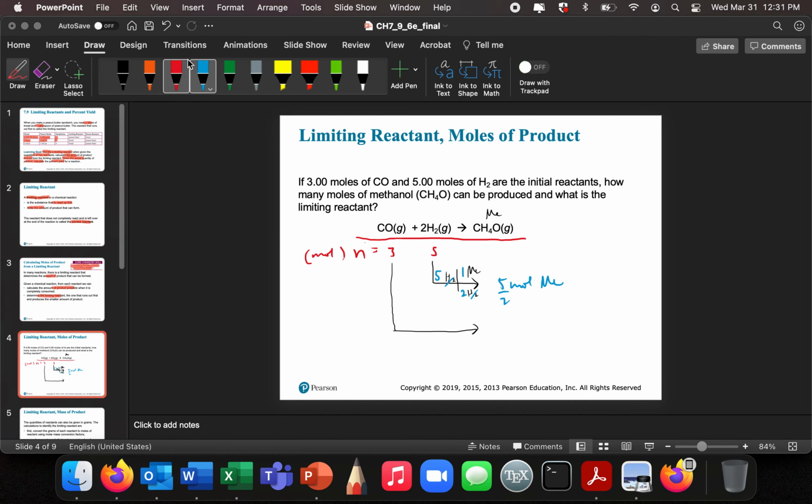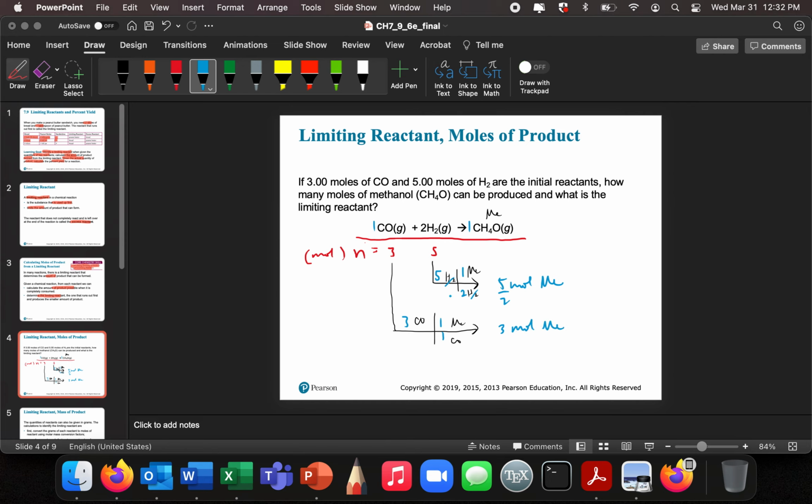But if I instead use these 3 moles of carbon monoxide, let's cancel this out with the picket fence method. Carbon monoxide and methanol are 1 to 1 from the balanced reaction, and I had 3 to start out with.